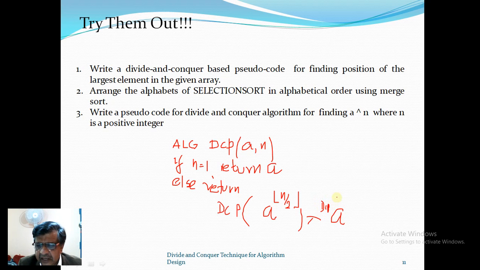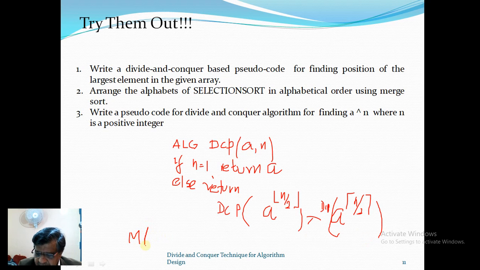The function should be there, of course; it is a recursive call, we can't afford to forget this. The ceiling will address the case where n is odd. As you might have guessed, multiplication is the operation here.